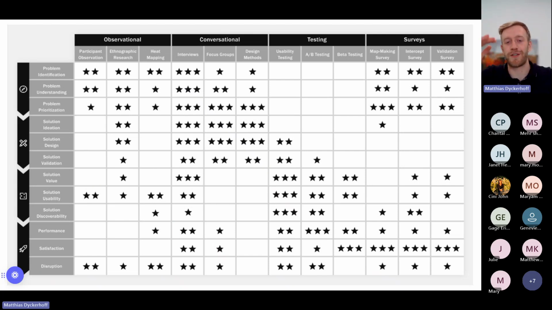And here, this is somewhat subjective with these stars, but it does show how different research methods typically fit into different stages of the business. So early on, a lot of the research may be observational, conversational, and with some surveys, because you're focused on this problem space and you want to get qualitative and quantitative data and see people in their real environment, right? Depending on what product you're selling.